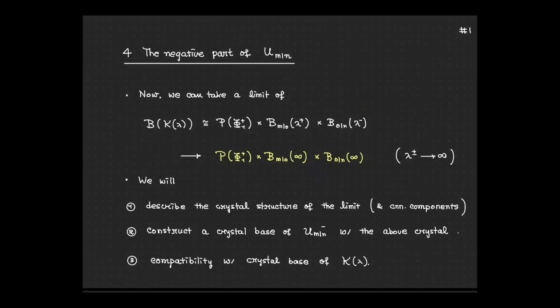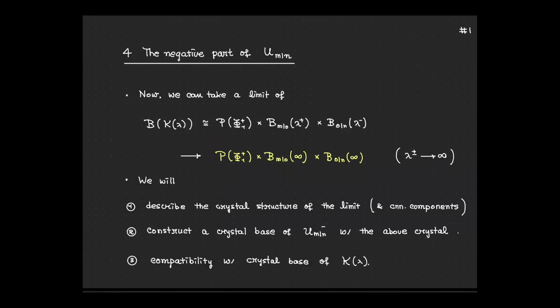So we can expect that the only natural candidate for the crystal of the negative part is this set in yellow. It's the product of the power set of Π_1^+ and then B_m(∞) and B_n(∞).